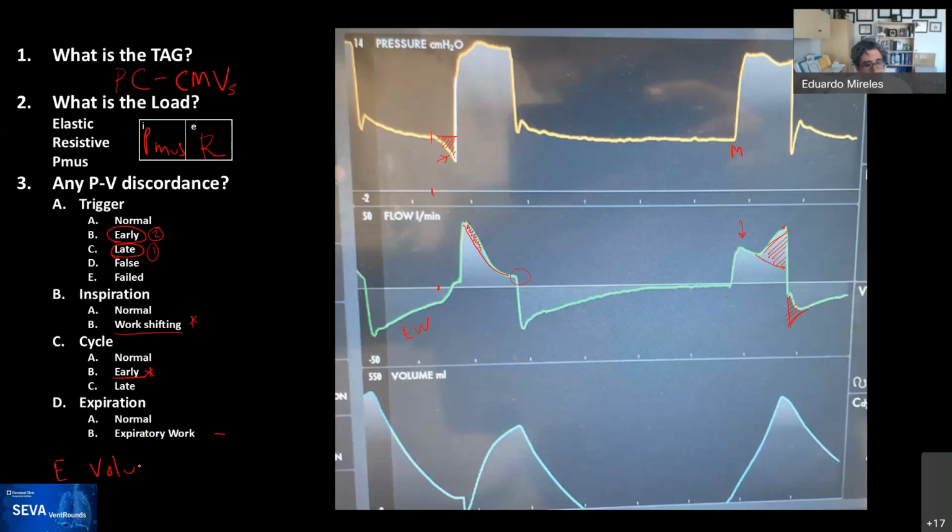Just look at the volume waveform, and this may be illustrative for all of us. The patient was exhaling, then took another breath in with a lot of effort, got an inspiratory volume from here to here, and then exhales, and the exhalation is much more than the patient inhaled, so we cannot see it.